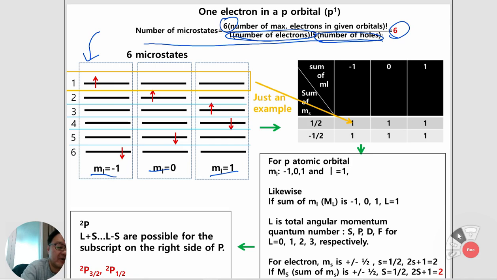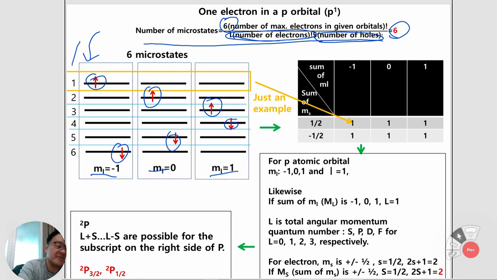So spin up, spin up, spin up, electrons in different p orbitals with different magnetic quantum numbers, spin down, spin down, spin down. Again, 3 different electrons going into 3 different p orbitals with different magnetic quantum numbers. So 6 different microstates in this case.